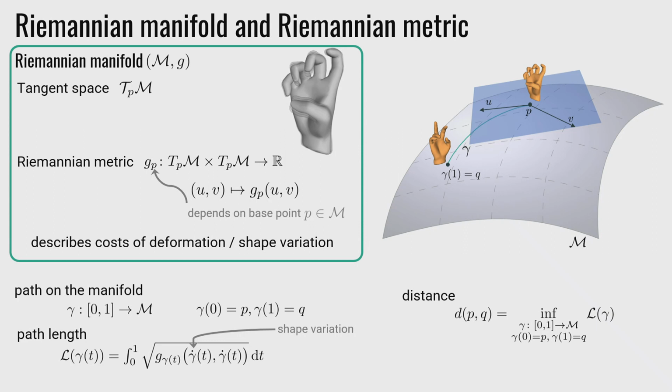So this allows you then to define a distance between those two hand shapes by just taking the path that minimizes the length. So the distance is the minimal length of any path that connects two points. So it basically tells you if you have a meaningful metric, then two shapes are close to each other if you have a deformation that has a low cost. So it's probably a small deformation.